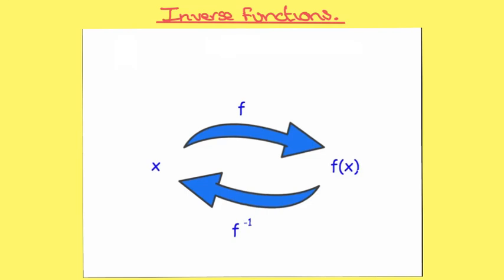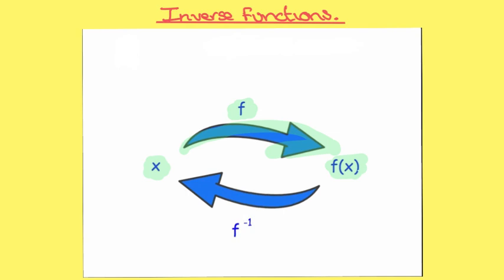Inverse functions. An inverse function reverses or undoes what is done by a function. For instance, let's take our variable x, input it into our function f, and what we get out is f of x.